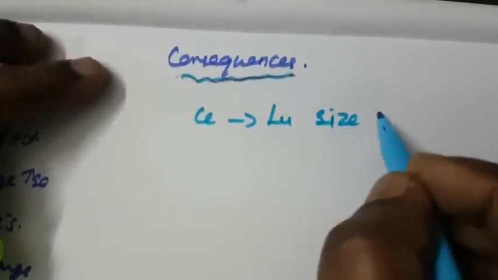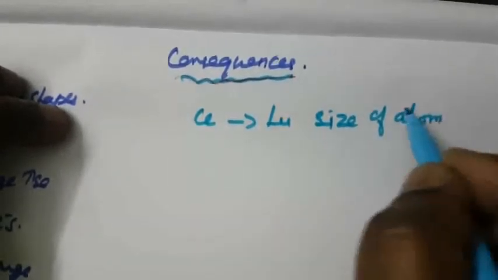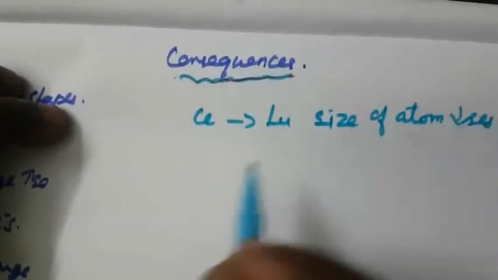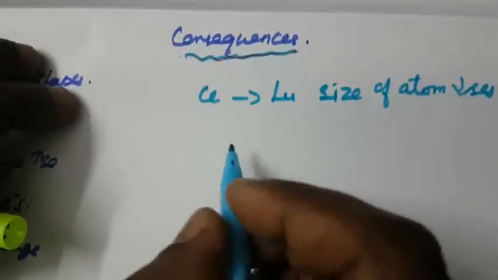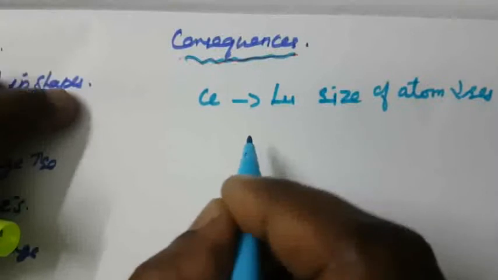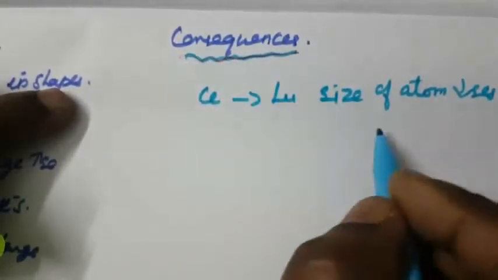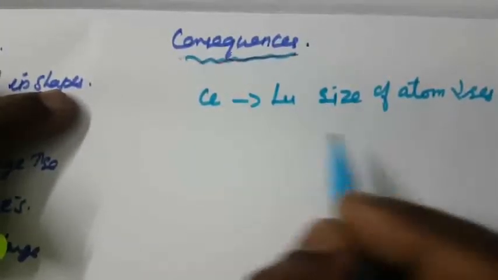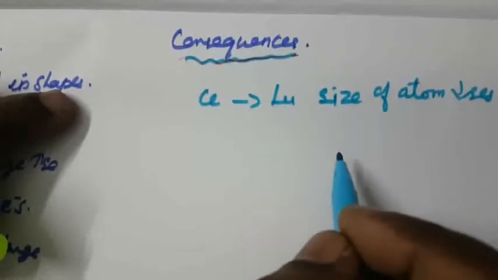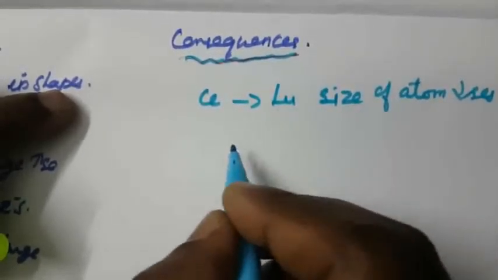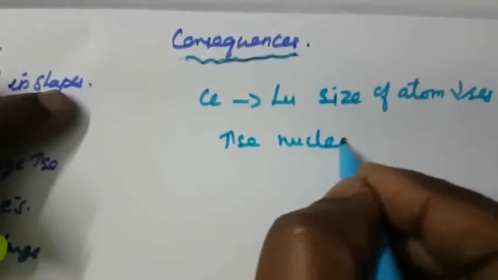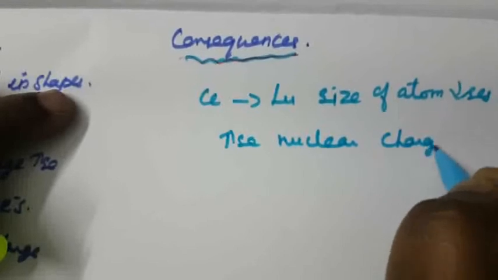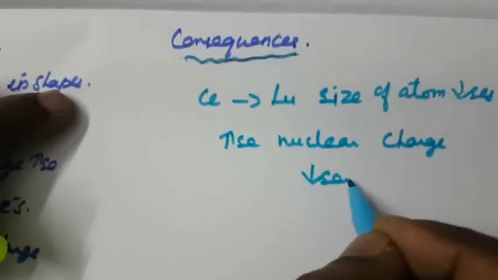What is the reason? From left to right the atomic number increases one by one, and the atomic size decreases because of the increased nuclear charge.